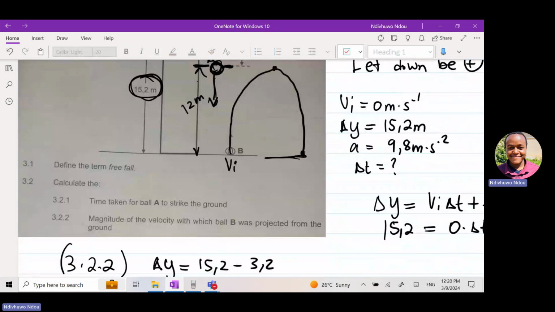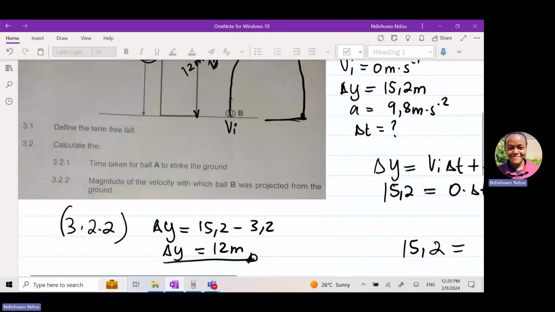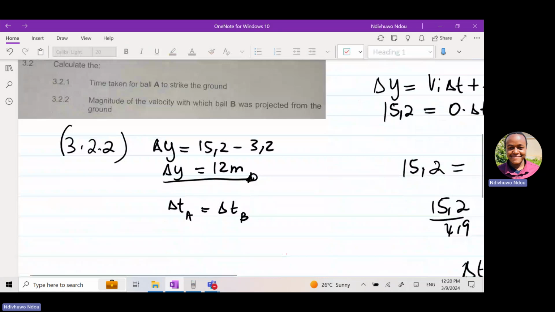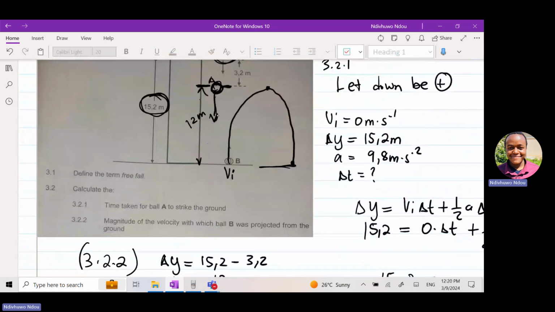So what we can do in this case is first calculate the time it takes for ball A to move from 12 meters above the ground to strike the ground, so that we know the total time it takes for ball B to go up and down, because they are the same.